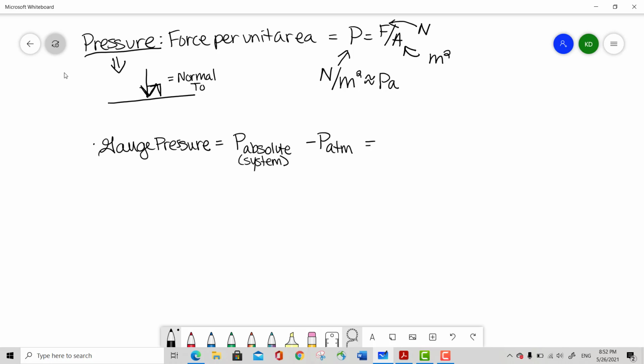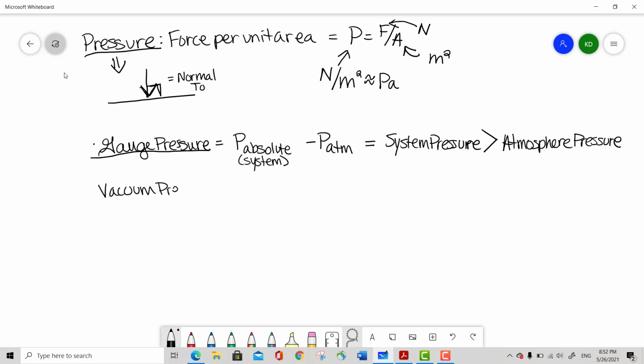And this is when system pressure is greater than atmospheric pressure. Okay, so that's one type. And then the other type is vacuum pressure, and that is just the opposite.